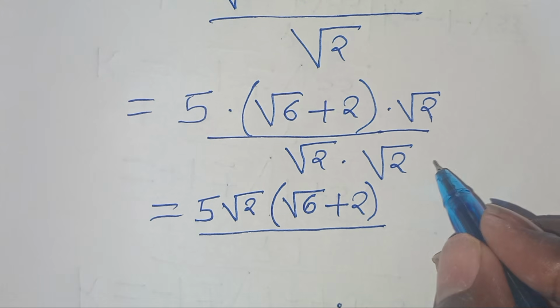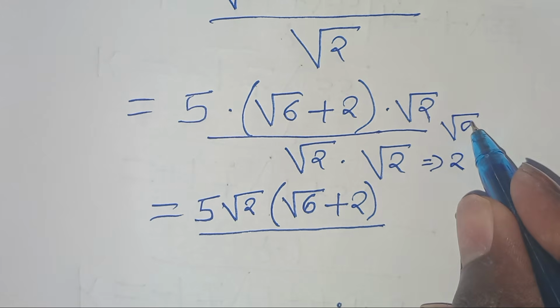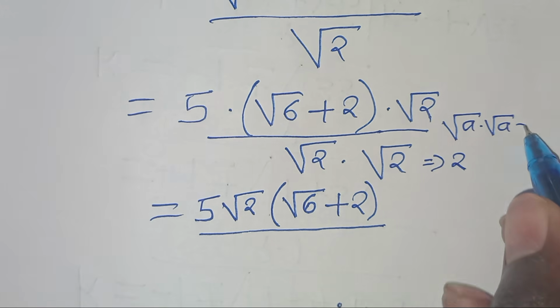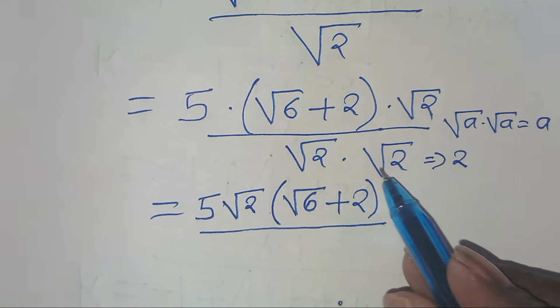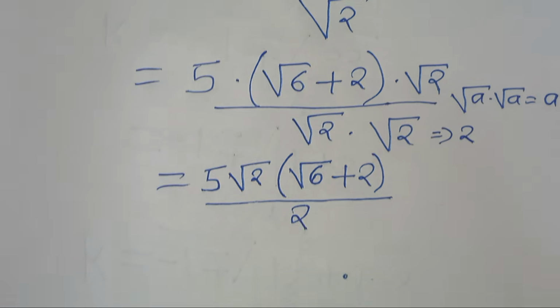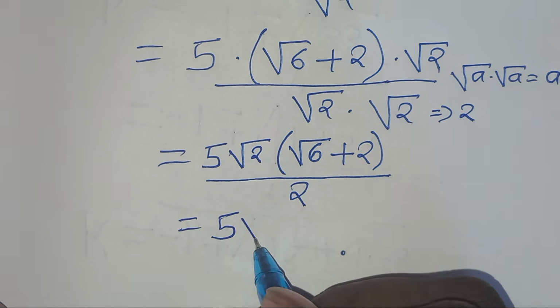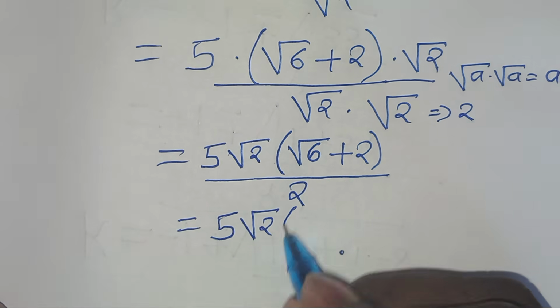This is the same thing as 2. Remember, square root of a times square root of a is the same thing as a. So root 2 times root 2 is 2, so this is divided by 2. Now, we have 5 root 2 into the parentheses.